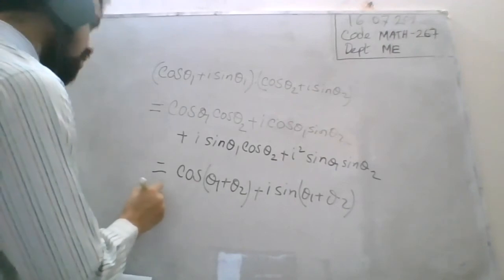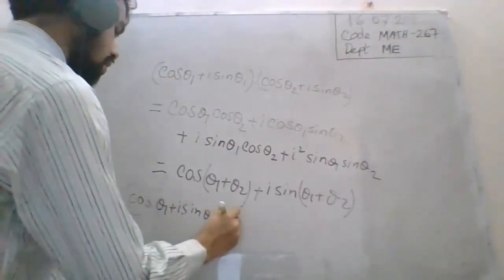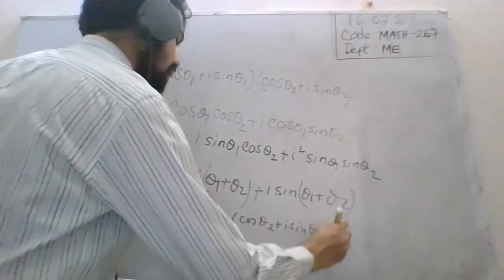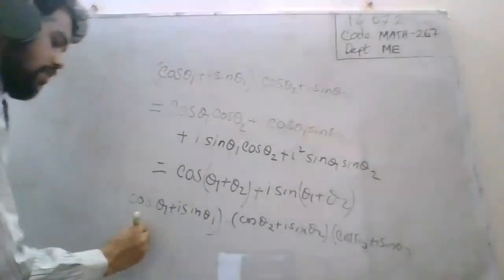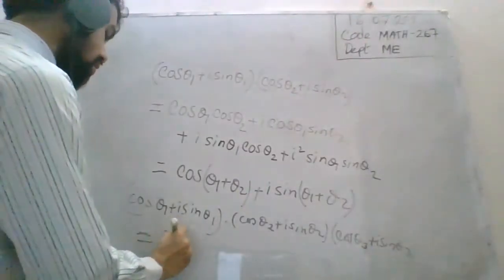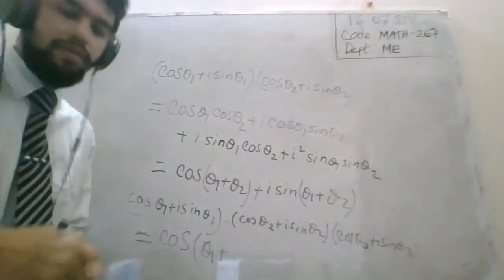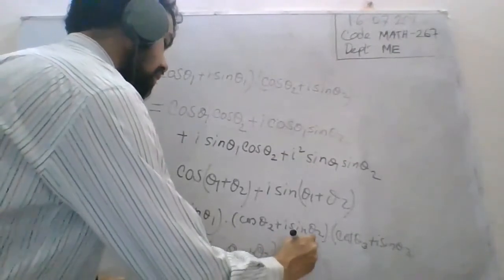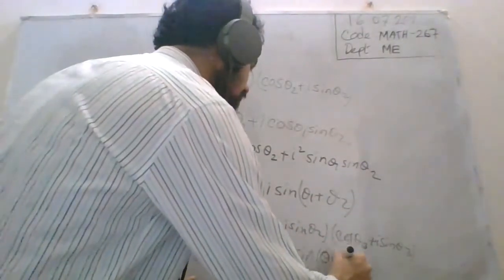This is for cos theta 1 and sin theta 1. If I take cos theta 1 plus i sin theta 1, then also cos theta 2 plus i sin theta 2, and then also cos theta 3 plus i sin theta 3, what will we get? We get cos (theta 1 plus theta 2 plus theta 3) plus i sin (theta 1 plus theta 2 plus theta 3).